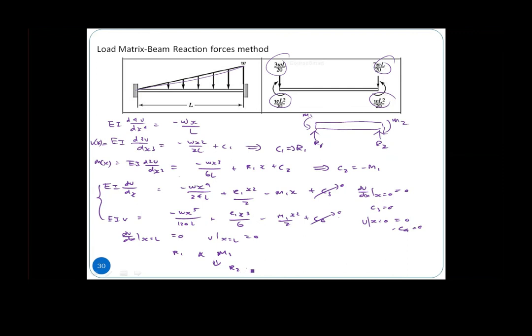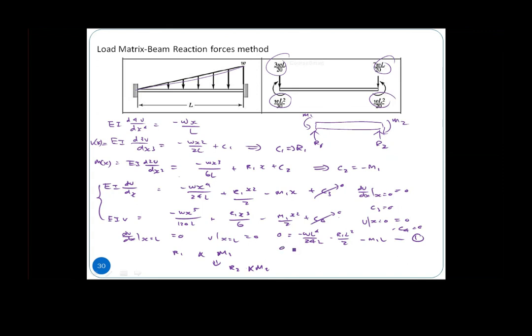So we will have 0 equals negative WL to the power of 4 over 24L, then minus R1 L squared over 2 minus M1 L. So that is my first equation.